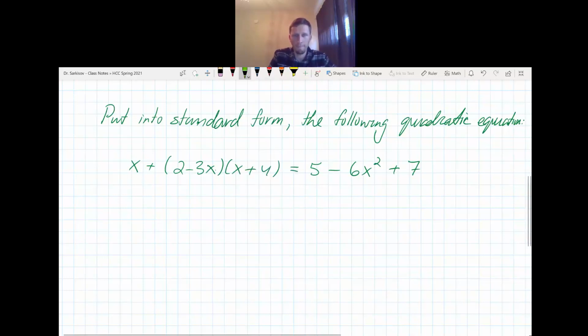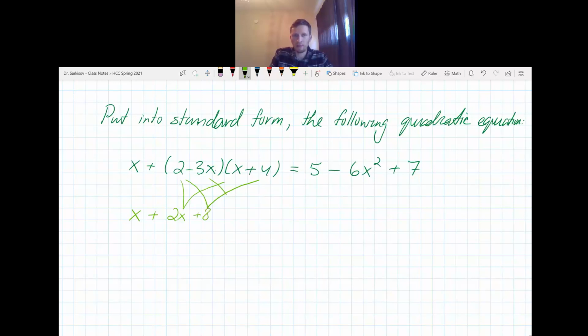So to put this in standard form, we would do the following. We would say, okay, what does standard form mean? I need the 0 on the right side, and I want to simplify, put like terms together. Let's expand first of all. So x plus 2 times an x right here, 2 times an x, that's 2x. First terms. Outer terms. That's an 8, 2 and 4.